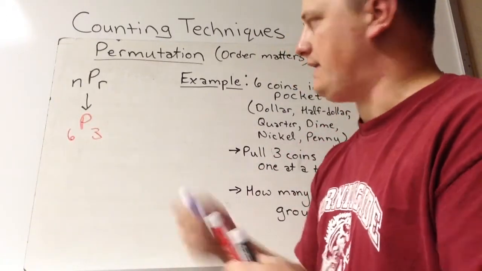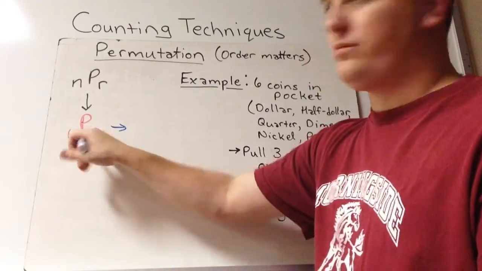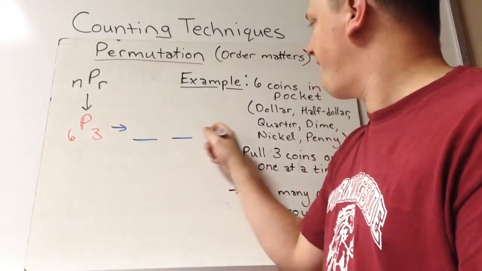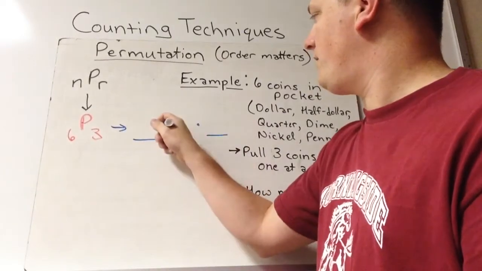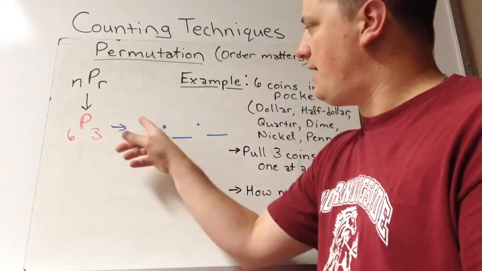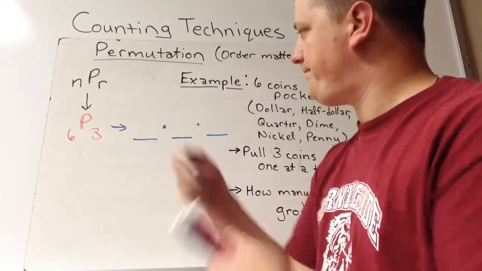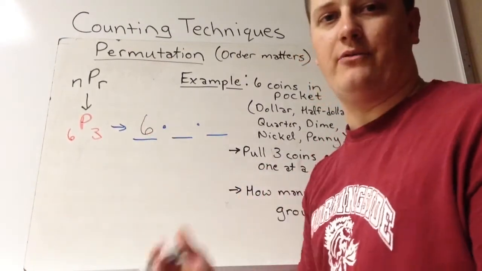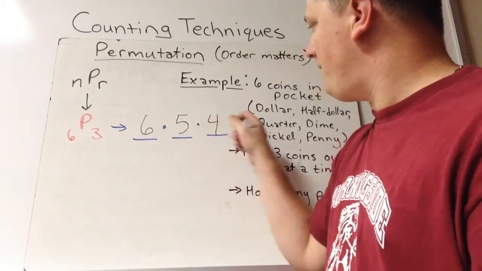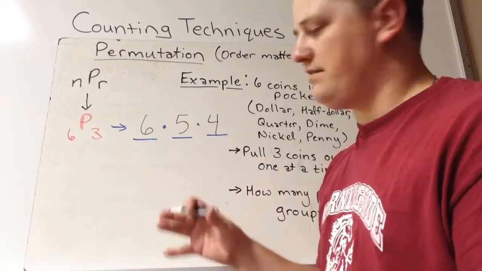So this 3 tells us how many spots we have to fill. So we have 3 to fill. We're always multiplying in this situation. And this number tells us how many go in the first spot, and we just count down from there. So 6, 5, 4, and we keep filling in spaces until they're all filled in.